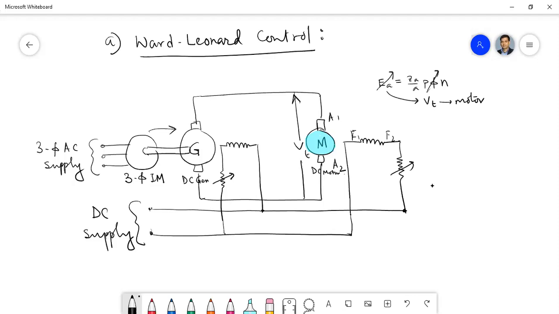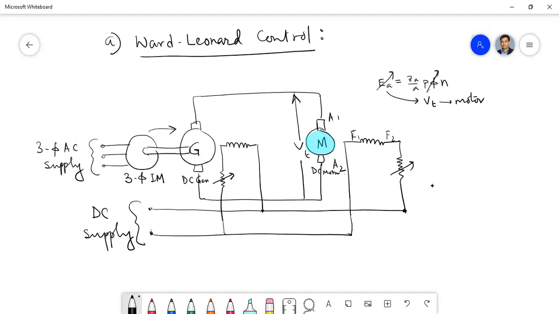That will also vary the terminal voltage. We can also vary the terminal voltage by that method, but there will be huge loss due to that potential divider. That you can do, but that is associated with huge loss.